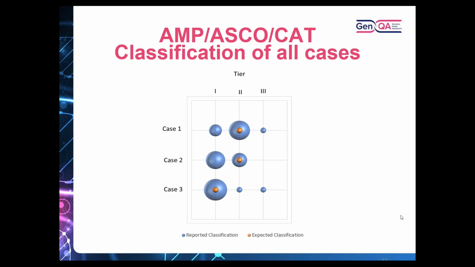I've put class 2A, 2C and 2D together, and class 1A and 1B together in these graphs, because there are some people who would only report class 1, 2 or 3. You can see clearly for case 1 that the biggest bubble is for class 2, and this would be the expected classification of this case. For case 2, there were more people putting this into class 1 and class 2, and in class 3 it's the overwhelming majority. I reported it as class 1.